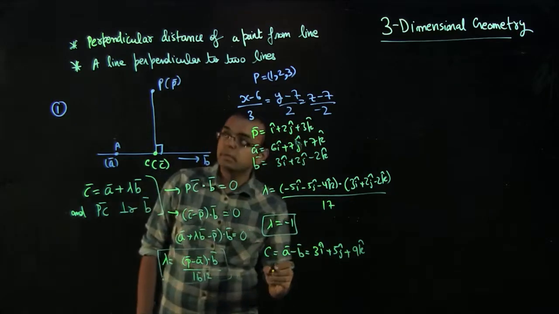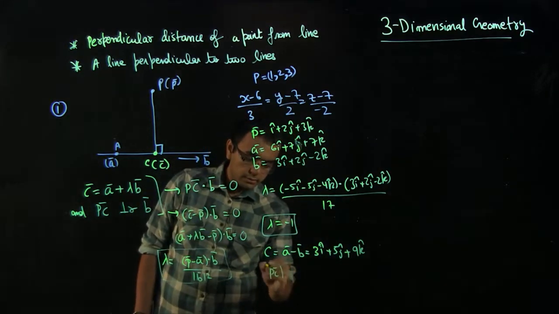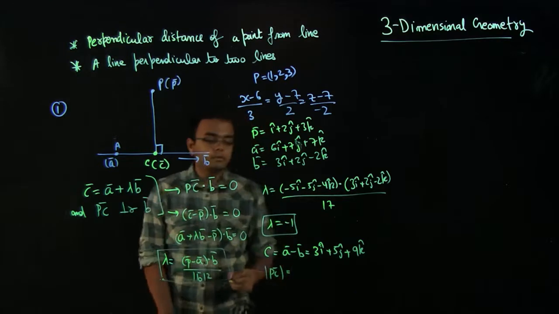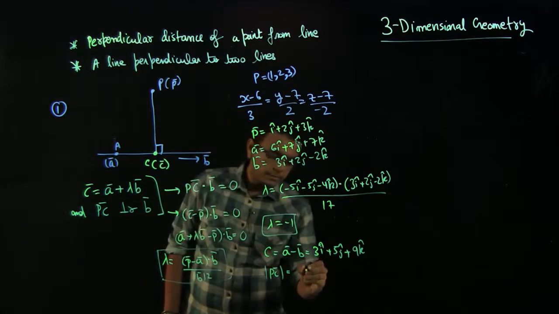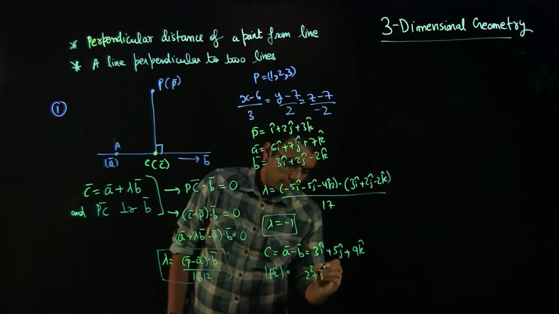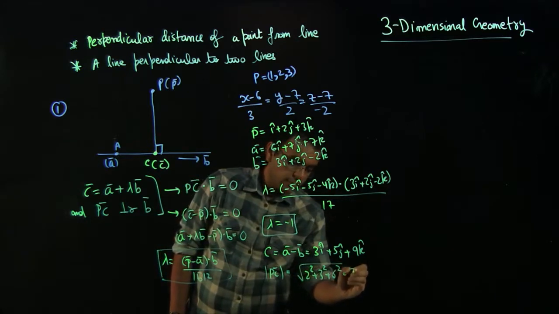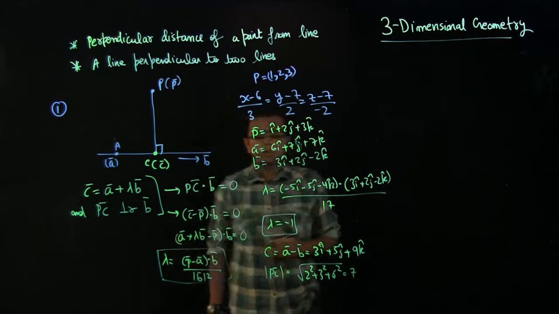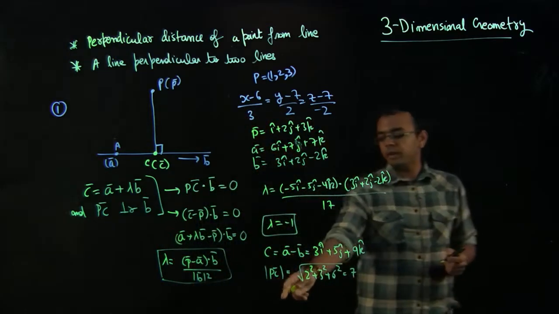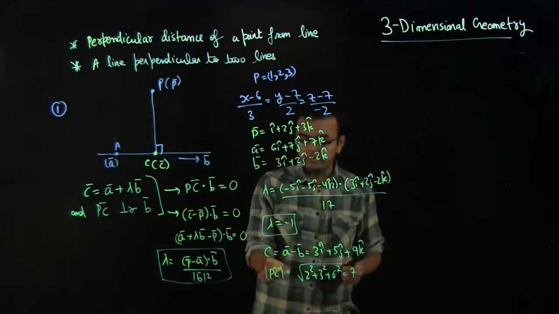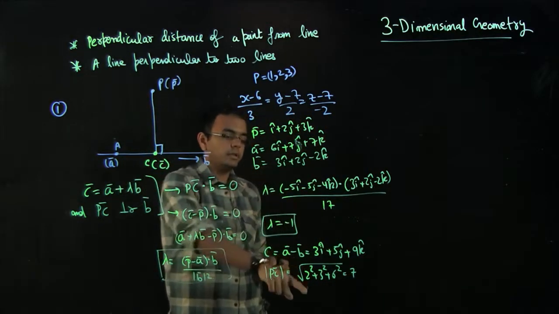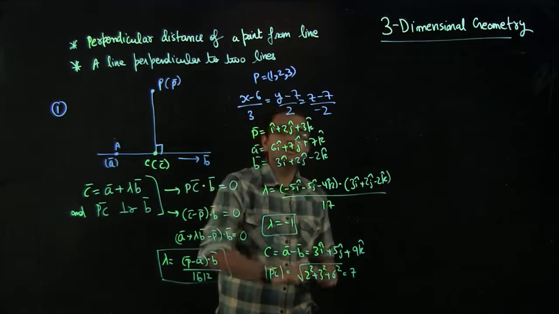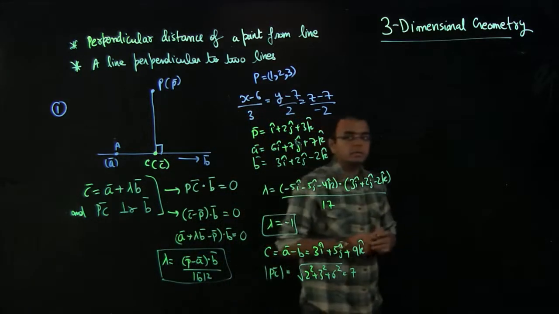And the distance mod PC would be the square root of 2 square plus 3 square plus 6 square, and that comes out to be 7. You know the point C now, so you can find the distance by taking the difference of the x components squared, then y component squared, then z component squared, and that comes out to be 7.